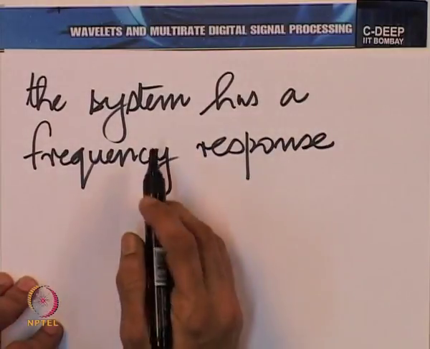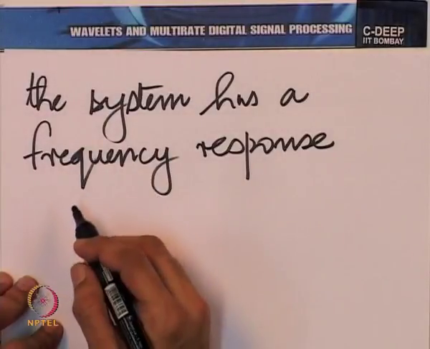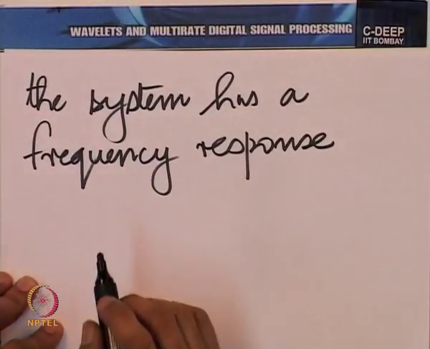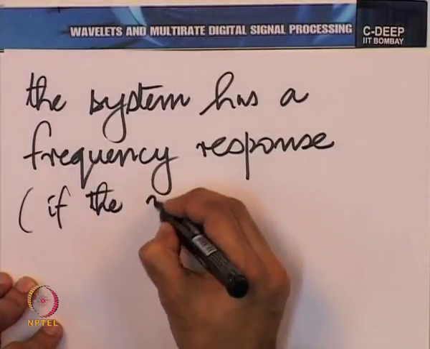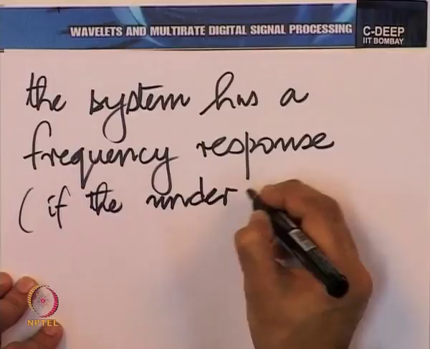That is, you see, we talk about the system having a frequency response if the underlying Z transform is a system function.